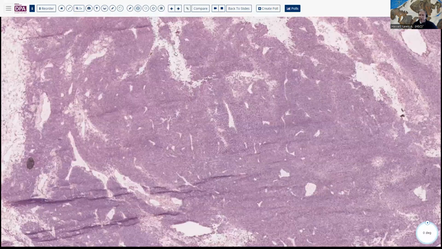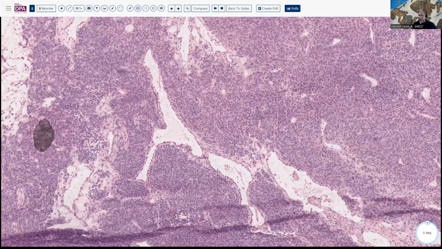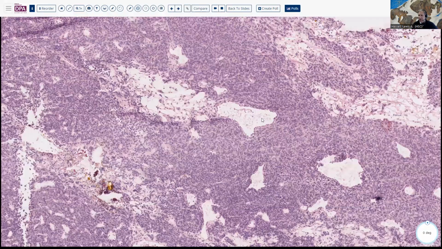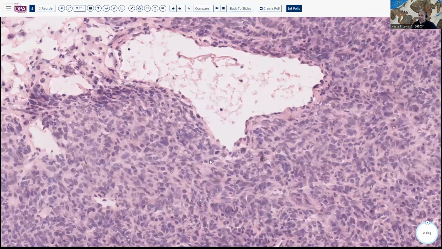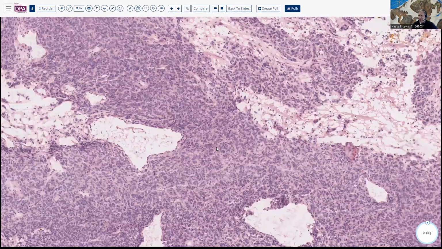Here's again a sort of a chorded pattern, very ectatic staghorn type vessels. So this is the type of lesion that was previously referred to as hemangiopericytoma, with this very cellular pericytic proliferation around these thin-walled ectatic vessels. But very little atypia here, very low mitotic activity.